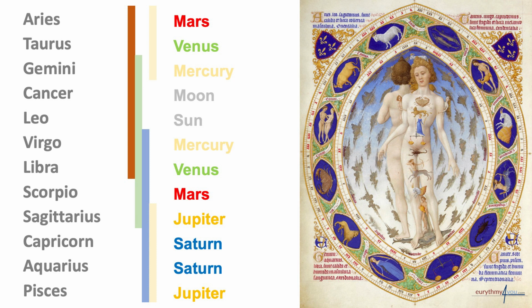There, at the left, the red bar is the upper system, which is between Aries, the head, and Libra, the hips. Then you have the green bar, the middle system between Gemini, the shoulder girdle, and Sagittarius, the thighs.